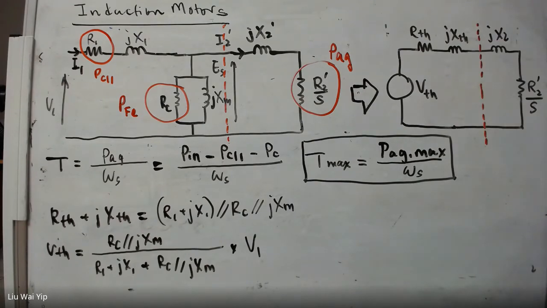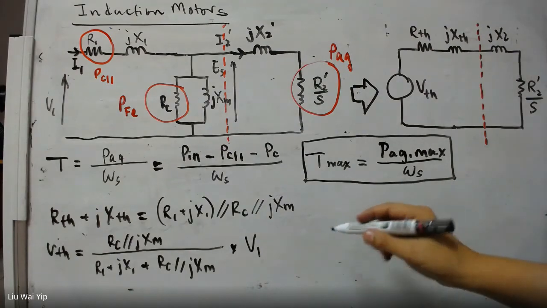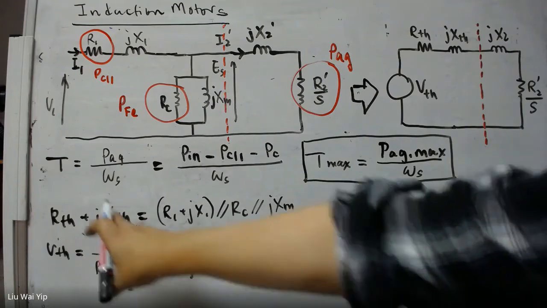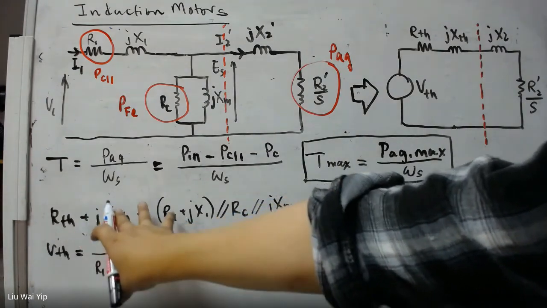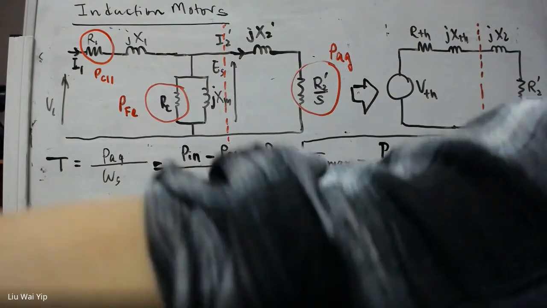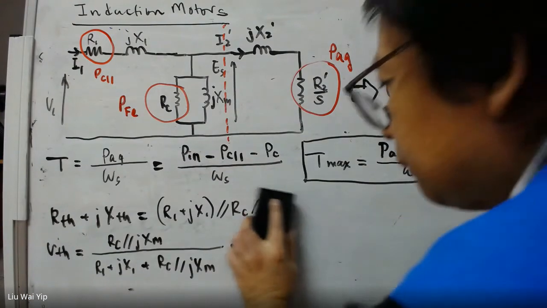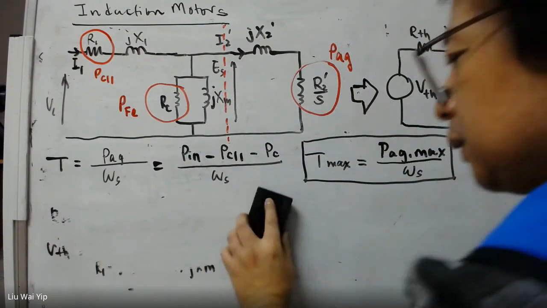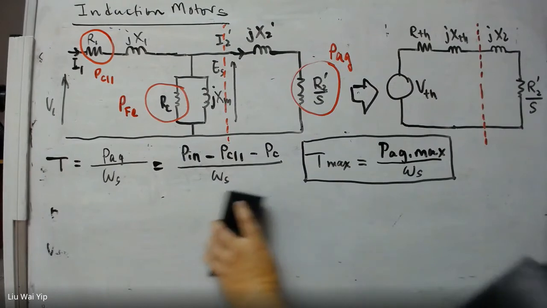So to ensure maximum transfer of power, we need to use the maximum power transfer theory. According to here, for the time being, I'm going to remove these two lines. Include only these two lines for the time being.